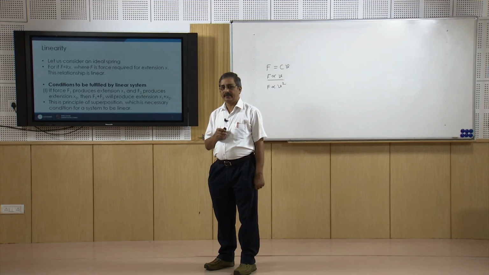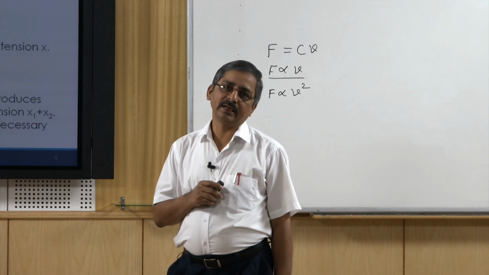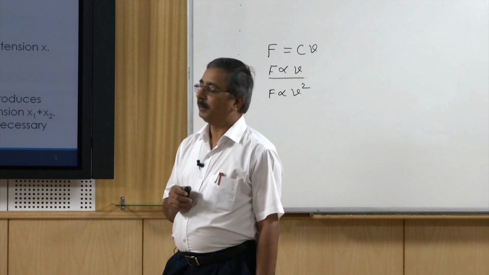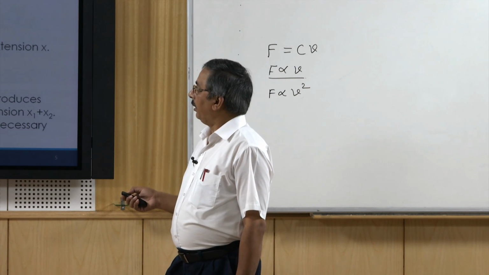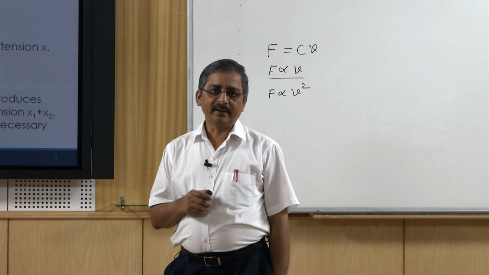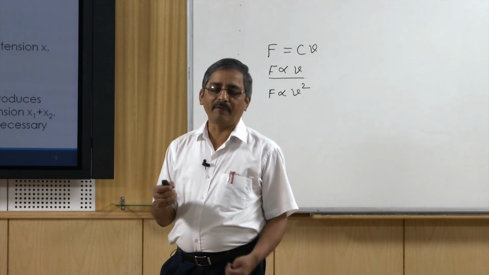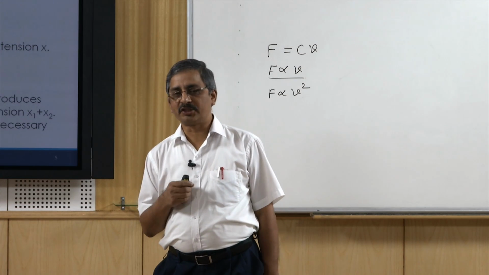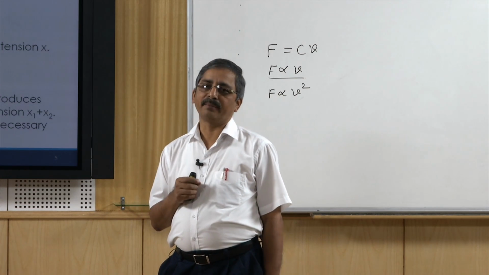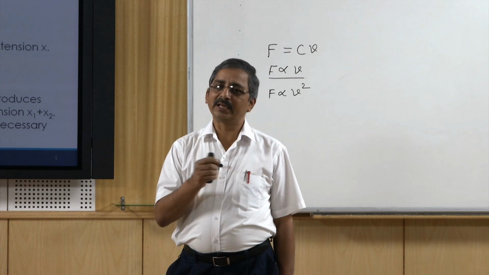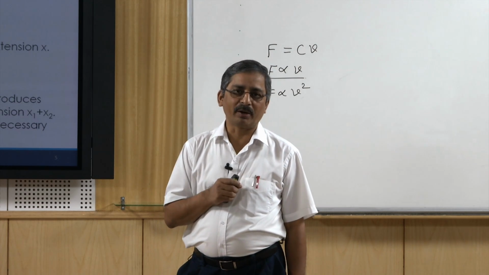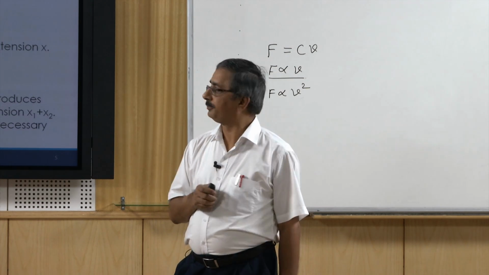Now, let us look at how we decide whether a system is linear or non-linear. To tell that, let us take a simple example of the spring. I have discussed a lot about the spring, a mechanical system element, when we were discussing the mechanical building blocks.